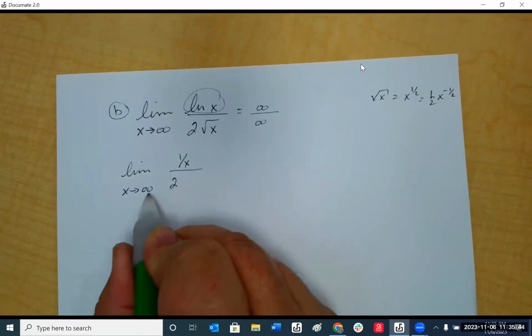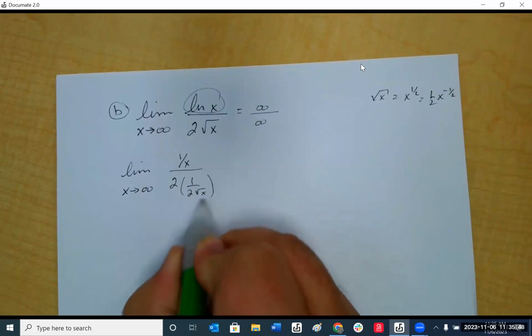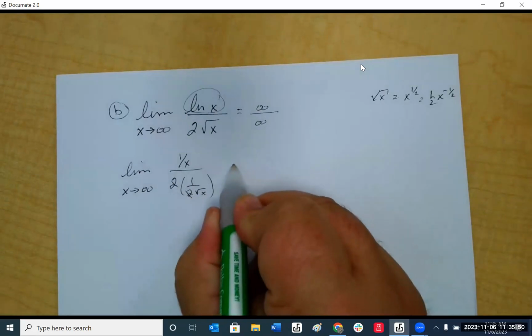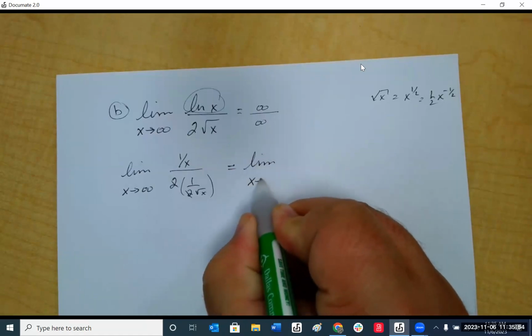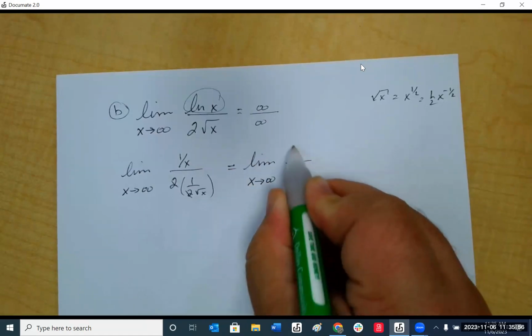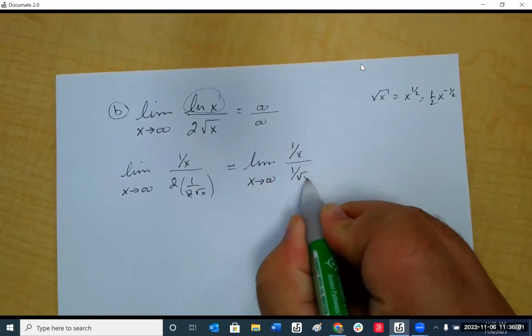So it's 1 over 2 root x. 2 radical x, right? So the 2's cancel. So we have 1 over x, over 1 over radical x.